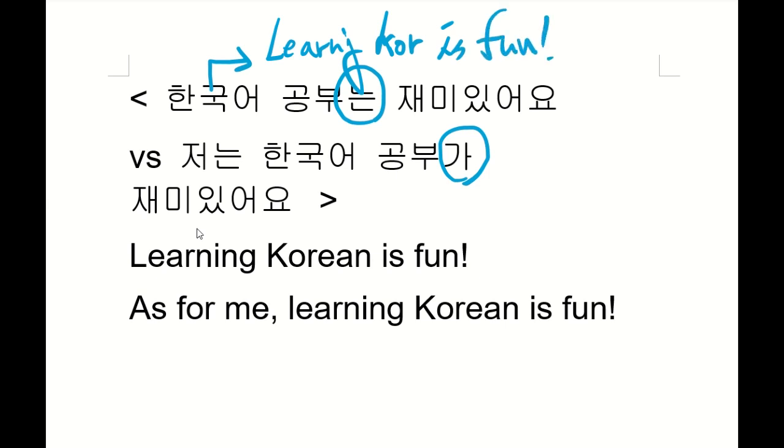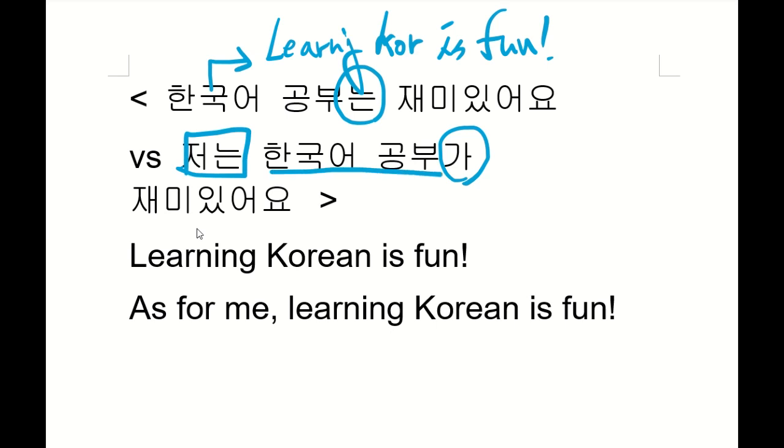It's a general thing. Probably there are people who don't think learning Korean is fun, but let's say it's a general fact. But here, 저는 한국어 공부가 재미있어요.